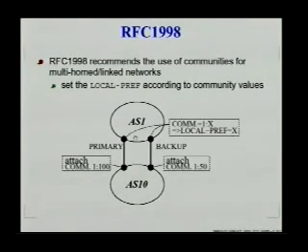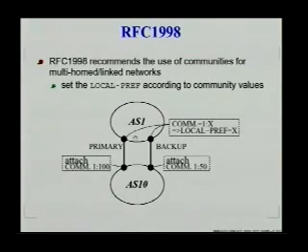A classical use of communities is to allow more maintainable configurations in the case of multi-homed or multi-linked networks. For instance, in our very simple topology here, where we have one customer AS10 and one provider AS1, we can use communities to tell AS1 to give specific local preference to routes.